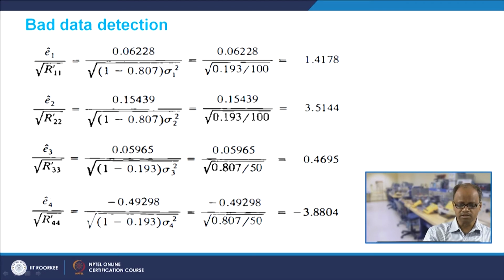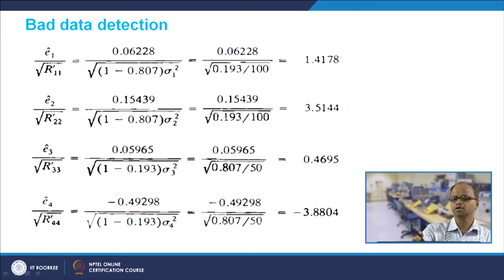Remember, R11 dash, R22 dash, R33 dash and R44 dash are nothing but the diagonal elements of the R dash matrix. Because these are the diagonal elements, we can easily calculate them. So, this is already known, and from this we calculate these values.